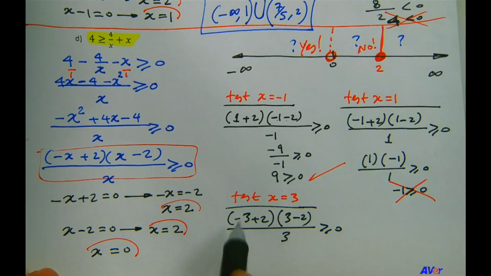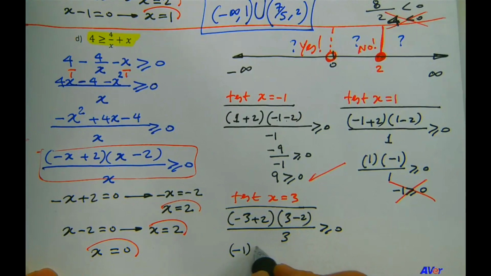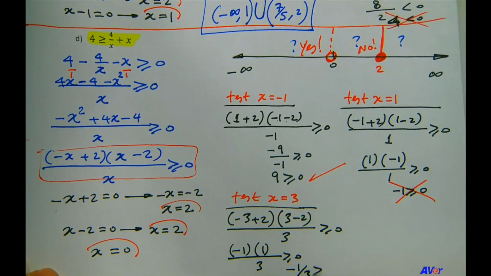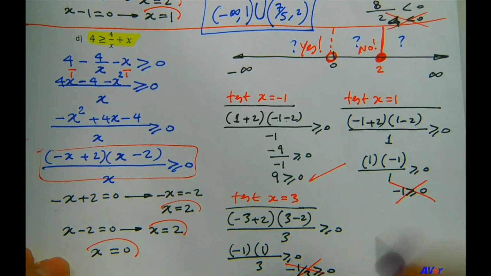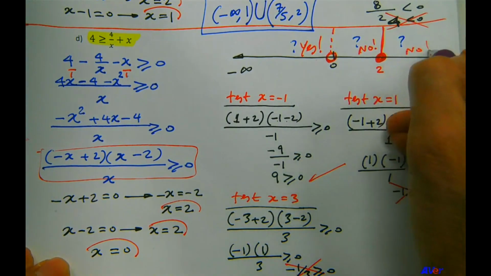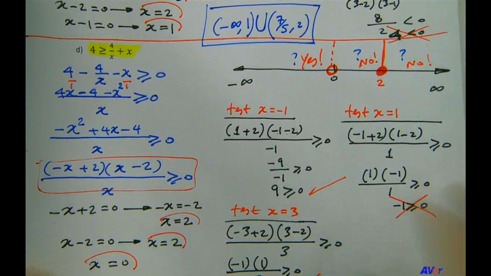So this is going to be minus 3 plus 2, that's minus 1. 3 minus 2, that's positive 1. Divided by 3, greater than or equal to 0. And let's see, so we end up with minus 1 divided by 3 greater than or equal to 0. Is that result a valid result? No. So again, no in that region.